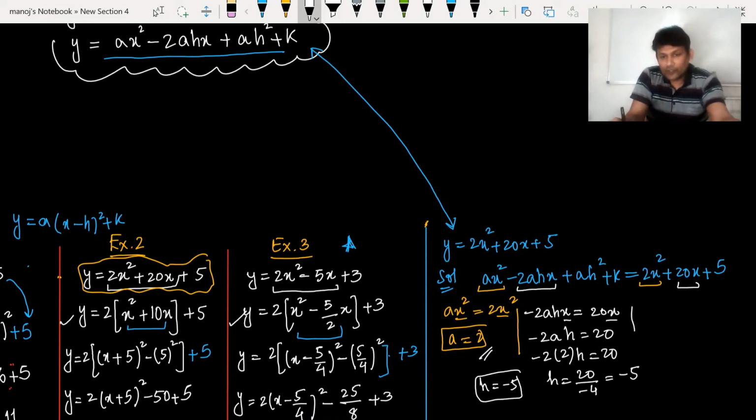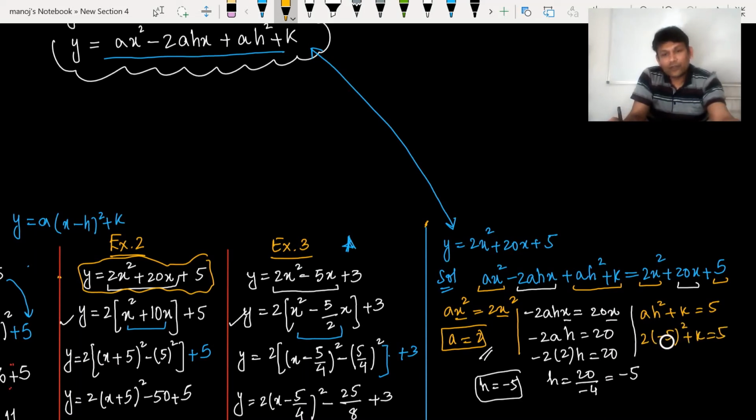Now I am moving to the third step. The third step is I have to compare the whole constant term with this 5. So ah squared plus k is equals to 5 with this sign. A is 2, okay, and h is minus 5, and k is unknown is equals to 5.